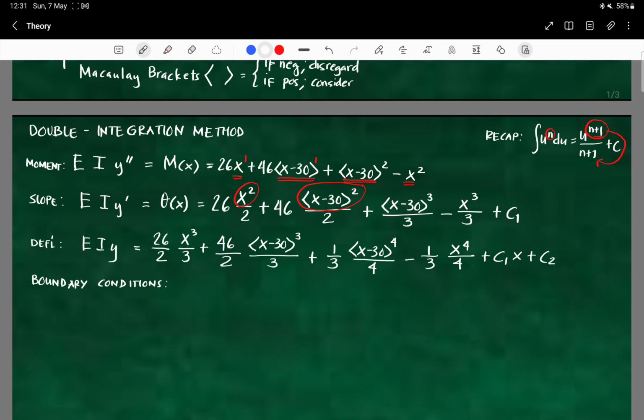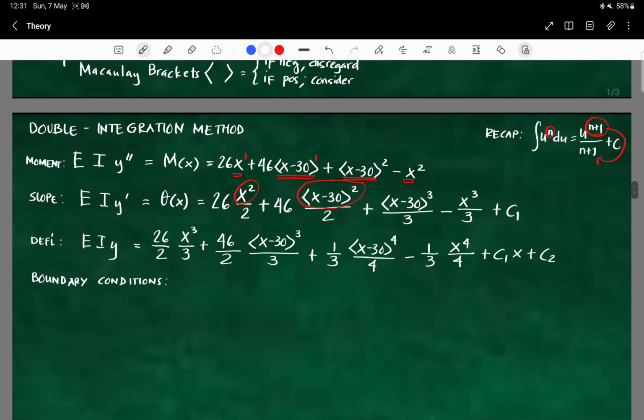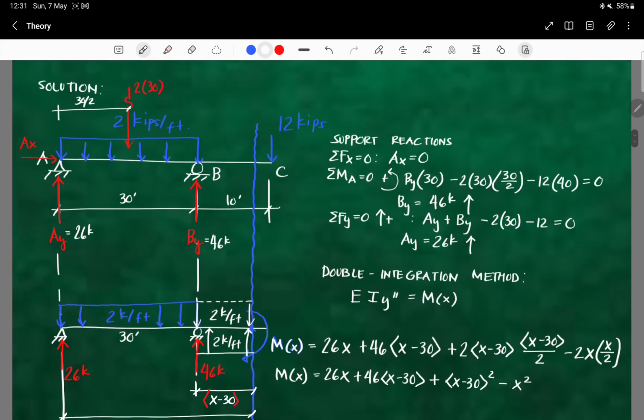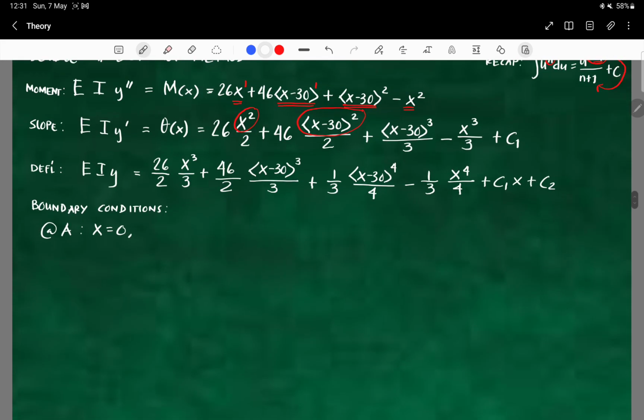So, walang deflection. So, doon yung pinakamagandang gawan ng boundary condition. So, bali dito sa point A, may x yan na 0. Itong point A, support A. And then, may deflection yan, kasi support yan. So, that is equal to 0.